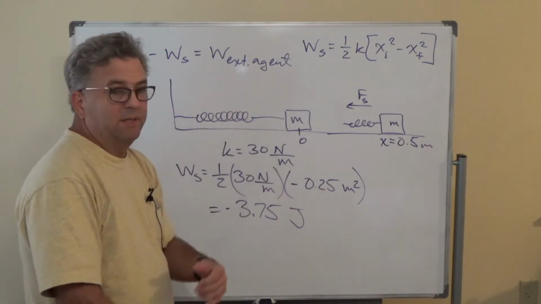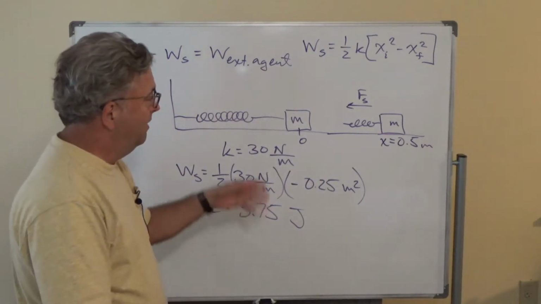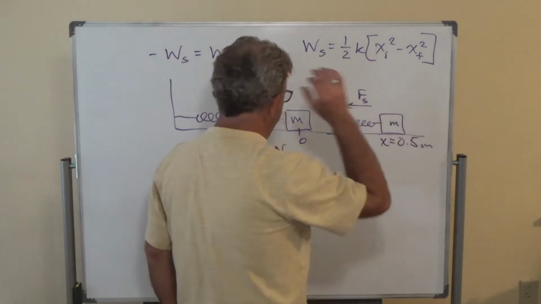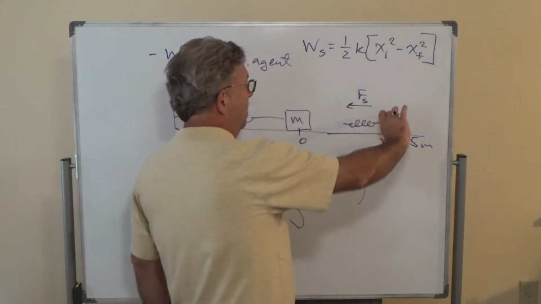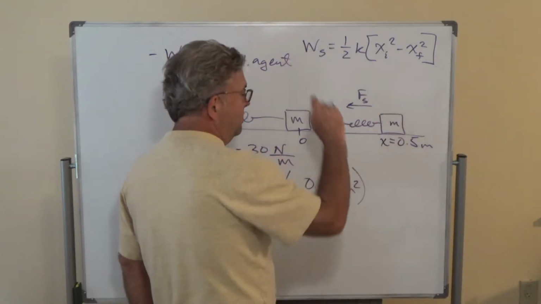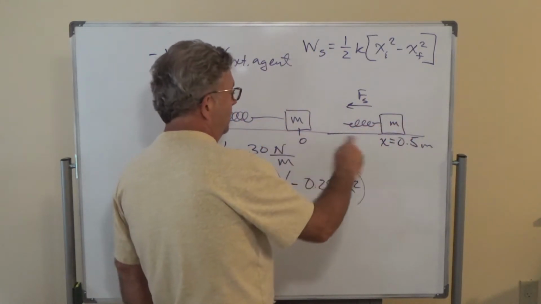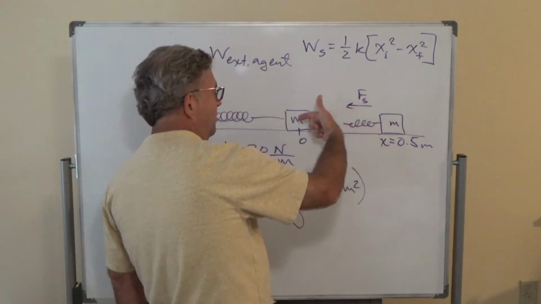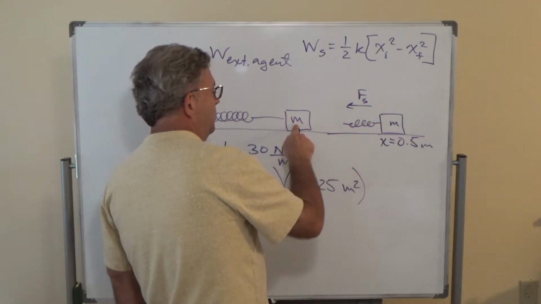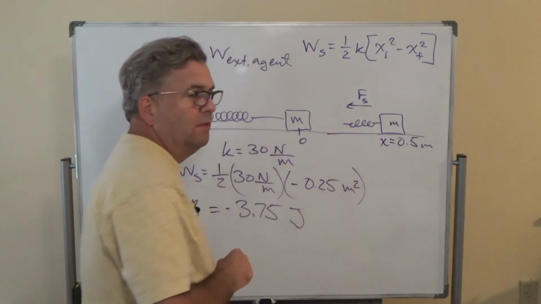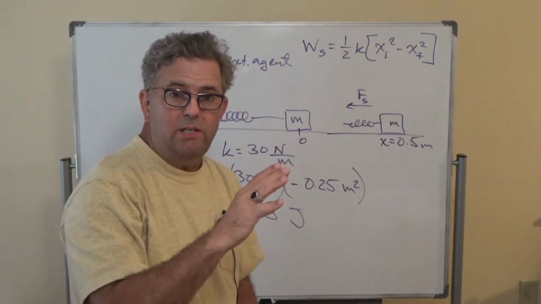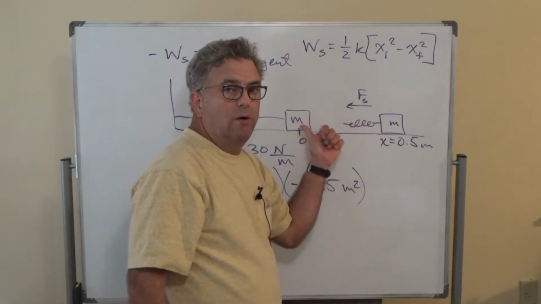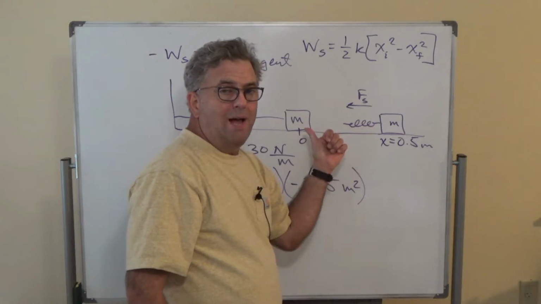Let's look at the opposite case. Let's say that, forget about what brought this mass to this point, and now somebody releases it. What's going to happen? This is frictionless. So this mass is going to be pulled by the spring force in this direction. So now once it's released, that spring is doing a positive amount of work on the mass.